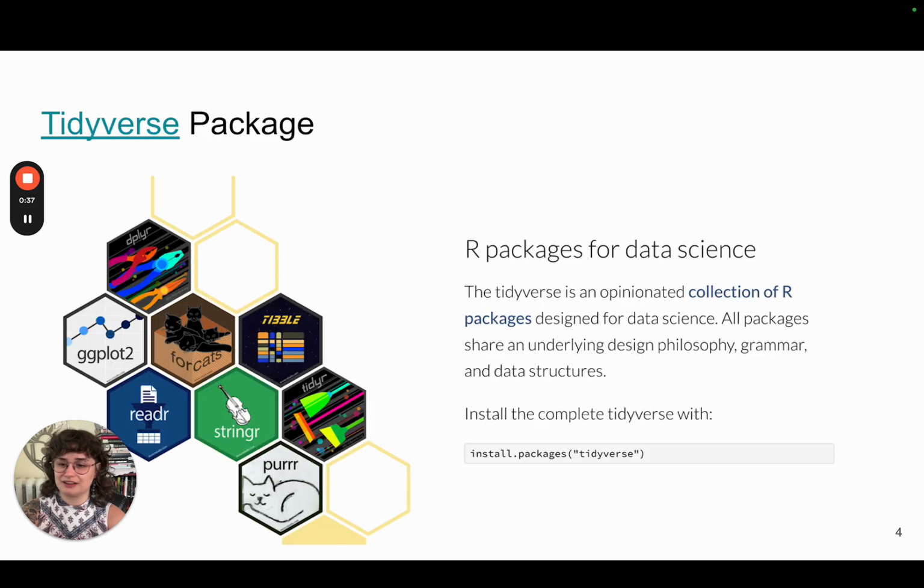So let's talk about the Tidyverse. The Tidyverse is essentially the core of this class. Our textbook is rooted in the Tidyverse, and the different packages that I ask you to read about each week, those are all going to be Tidyverse packages. So Tidyverse just pulls all of this functionality together. It's a collection of individual R packages.